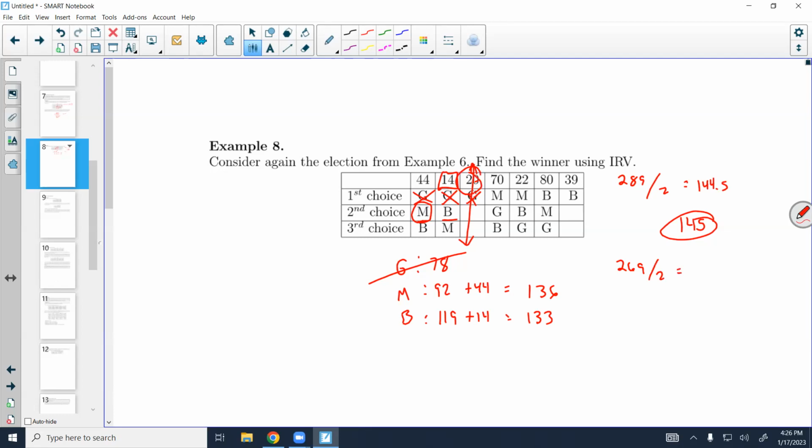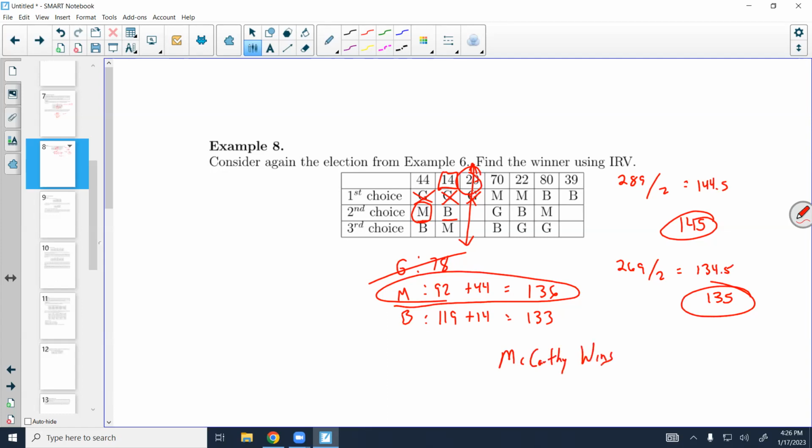Dividing that by 2, it gets to be 134.5, so I need 135. McCarthy wins. So we've had Bunny and McCarthy both win with this voting schedule, depending on how we determine the winner.